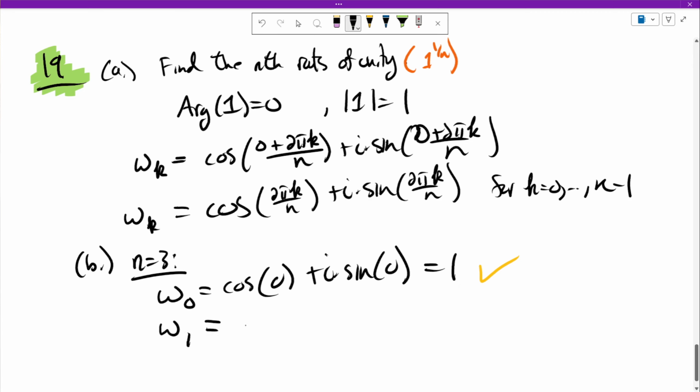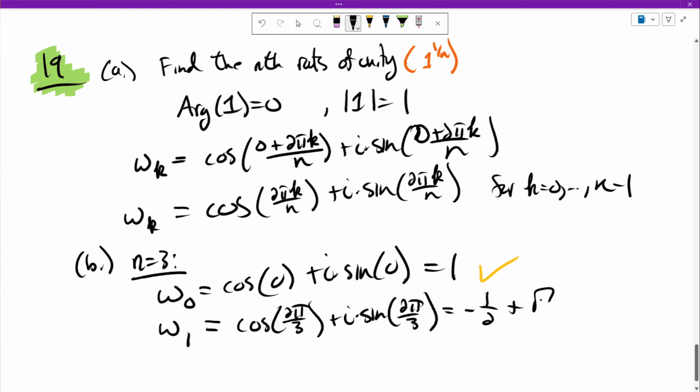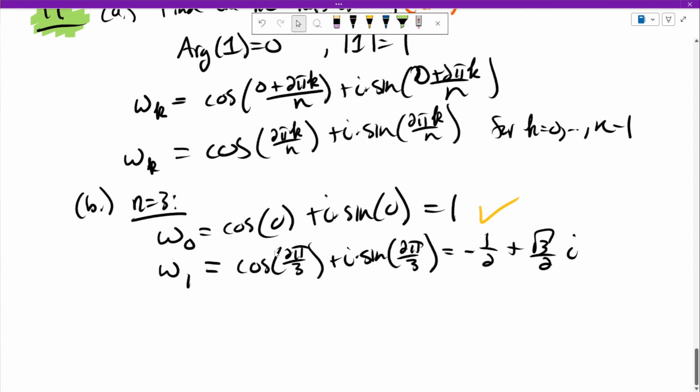W1, or omega 1, is cosine of 2 pi thirds plus i sine of 2 pi thirds. And cosine of 2 pi thirds, I believe, is negative 1/2, and sine 2 pi thirds is root 3 over 2. So we get W1 is negative 1/2 plus root 3 over 2 i.